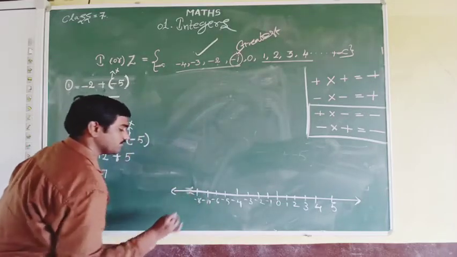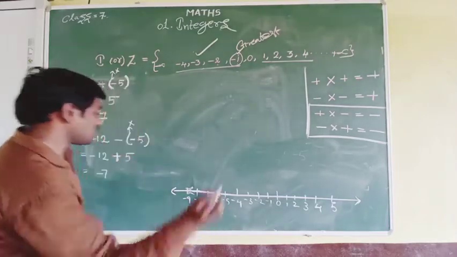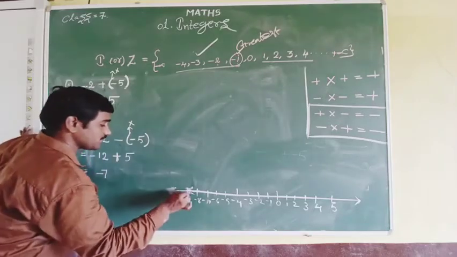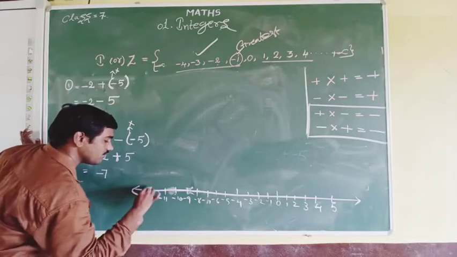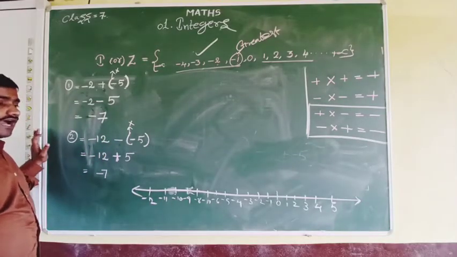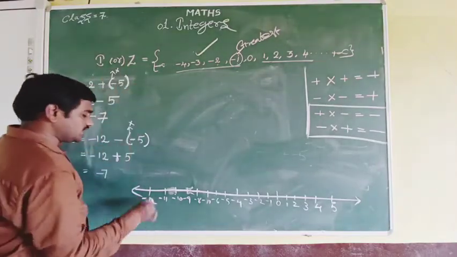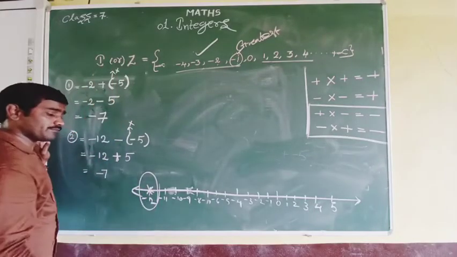This is enough actually. -9. Okay, let's go first till -12: -10, -11, -12. Yeah, this is what we did. Always you have to bring down from the 0. That I will tell you on the integer number line. -12 is located here on the number line.